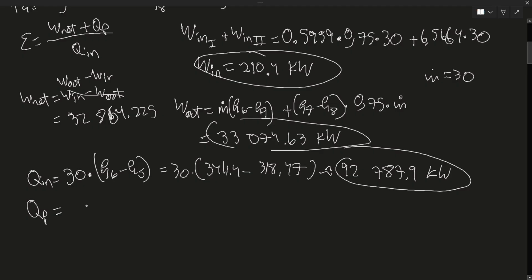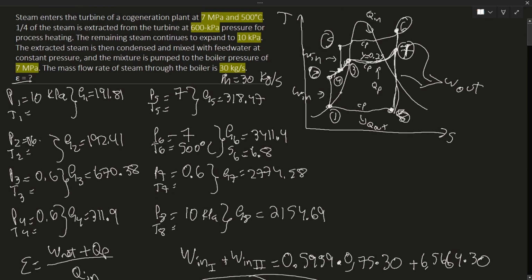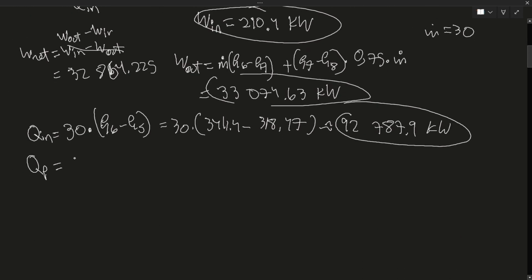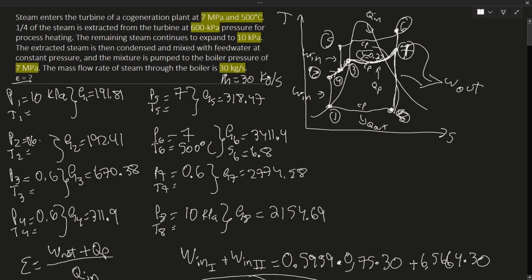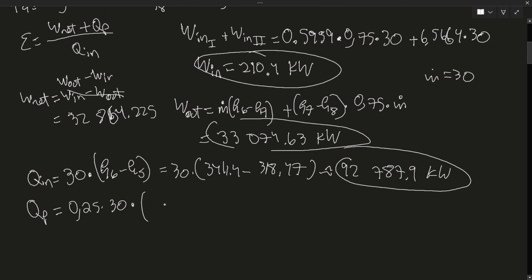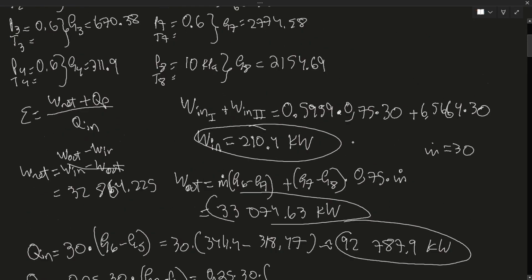Q process is heat being done by the cogenerative process, which is right over here. So here we see that it's 25% of the water. So 0.25 times 30, and it's 0.7 to 0.3. Equals 0.25 times 30 times H7 negative H3.